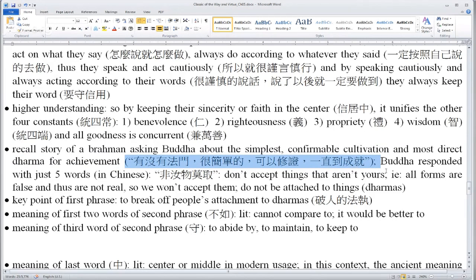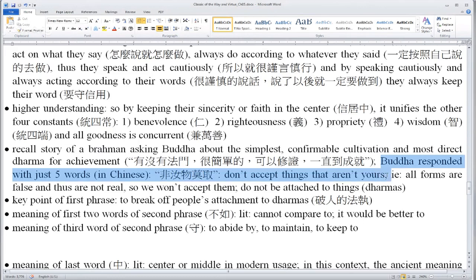Do you have that dharma? The most simple, most direct, effective dharma that can lead to direct achievement. And Buddha said this.